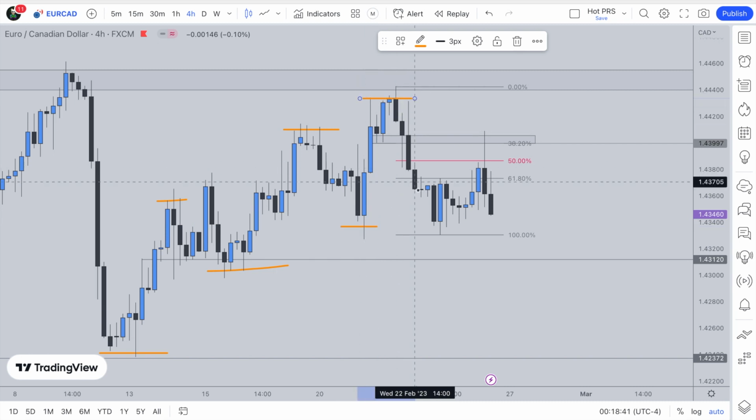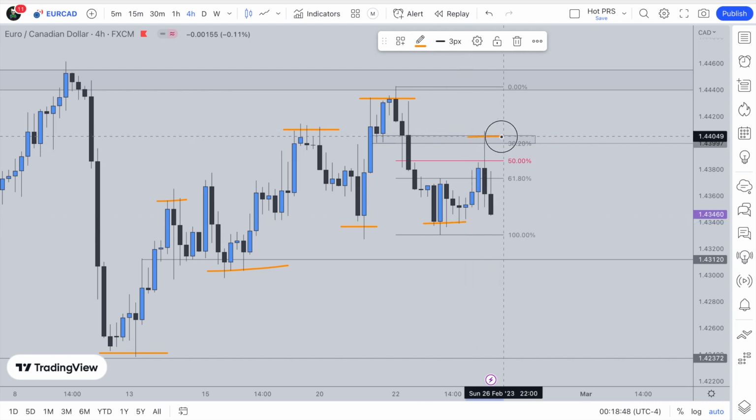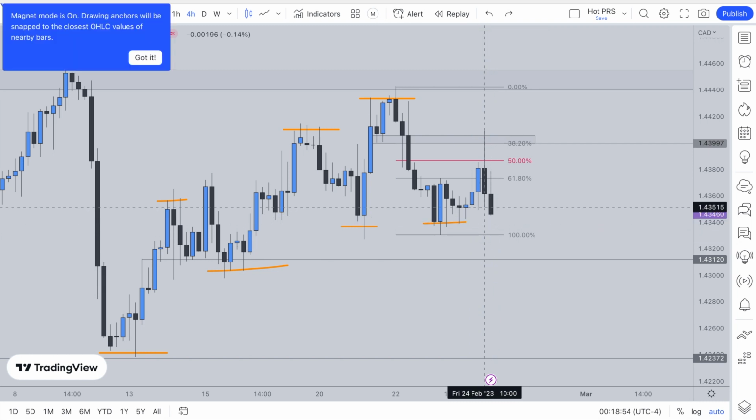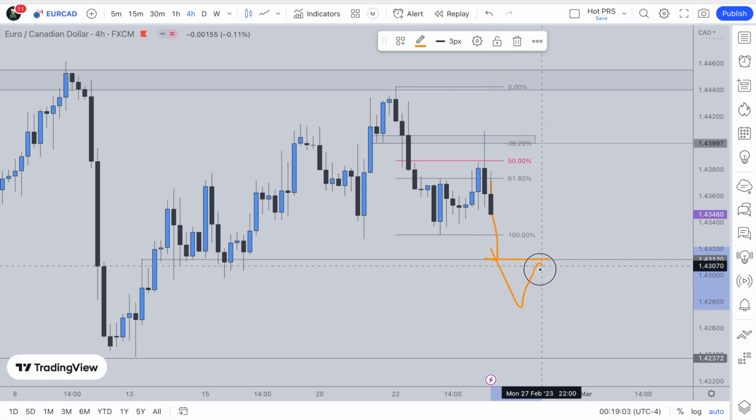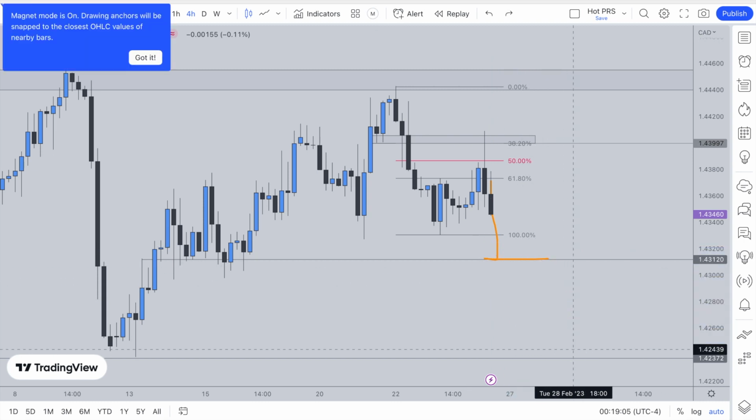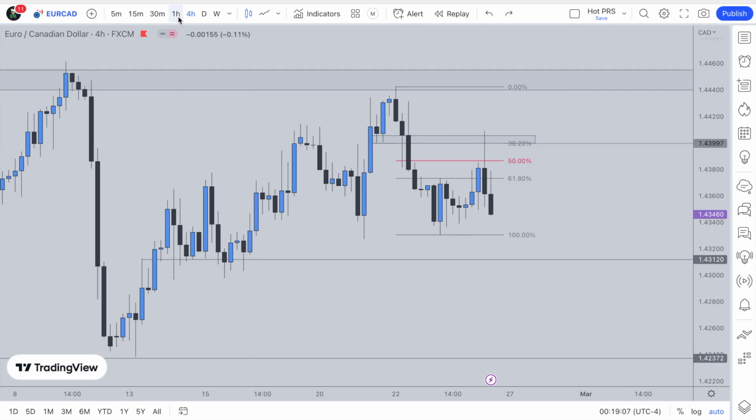That momentum has changed: price came back and made a lower high, so now we're potentially making lower lows next week. Hopefully next week price could push to this support and break it, give us that retest for more sells. That's what we're looking for, guys.